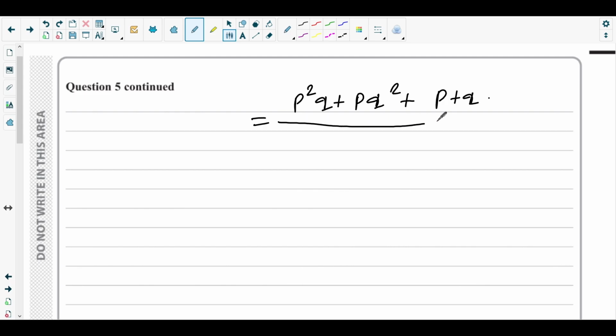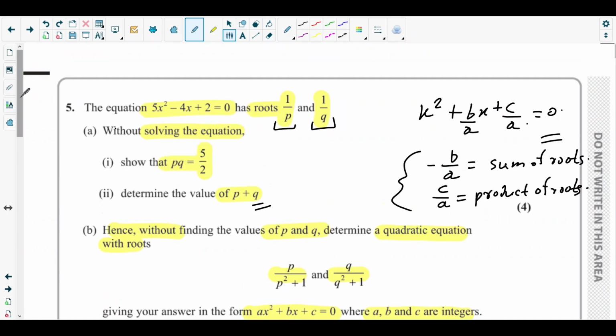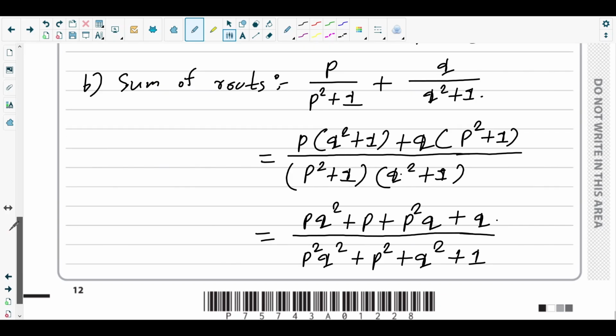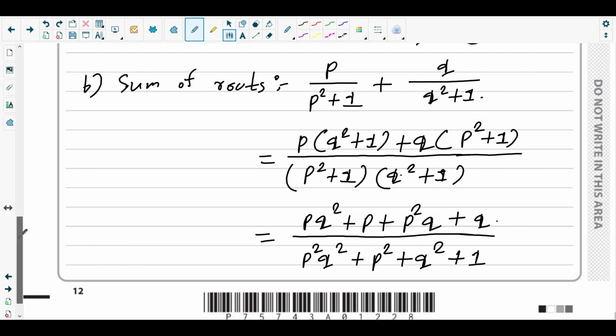Over, in the denominator, we have to rearrange it. p squared q squared can be written as pq whole squared, and then p squared plus q squared. We will substitute p squared plus q squared using p plus q whole squared.